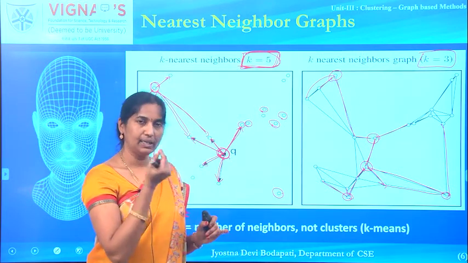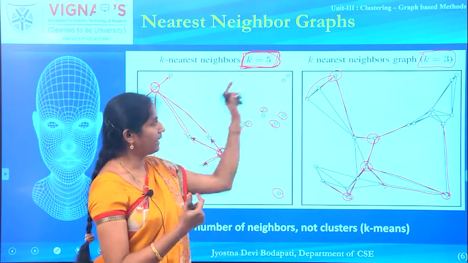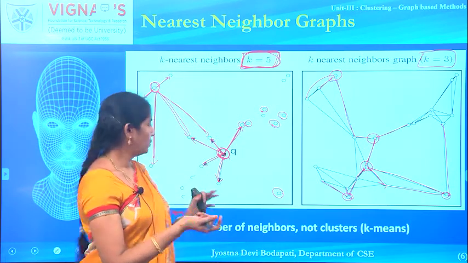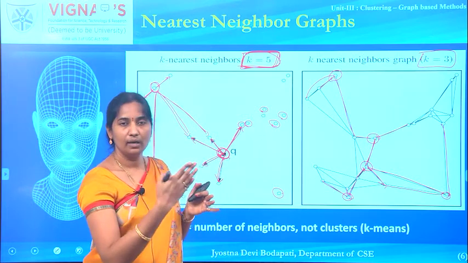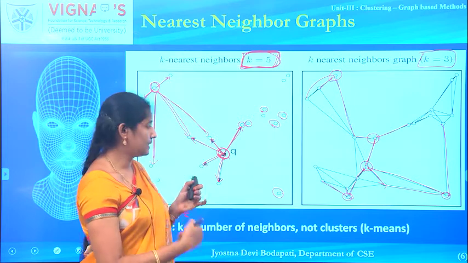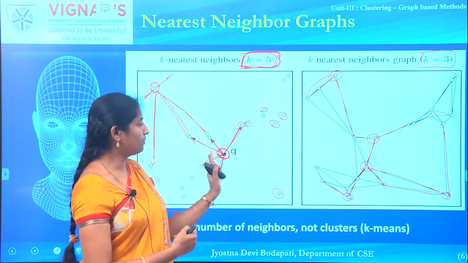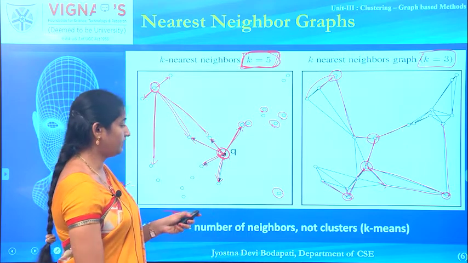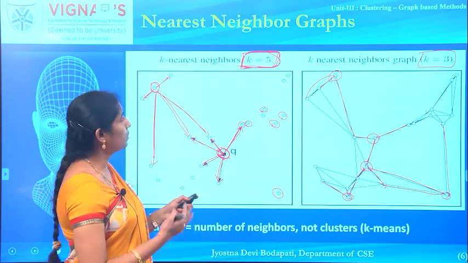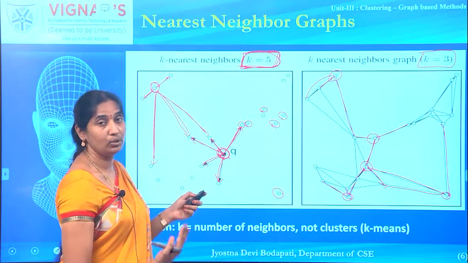You predefine a k value, compute for every object the distance from the rest of the objects in the data set, and connect that object with its k nearest neighbors. That is how the graph is constructed, and the process is called the k nearest neighborhood graph.